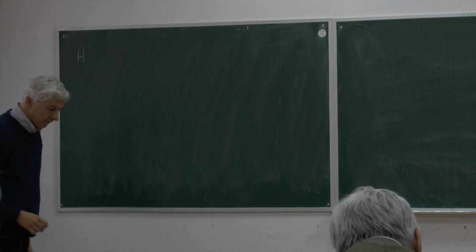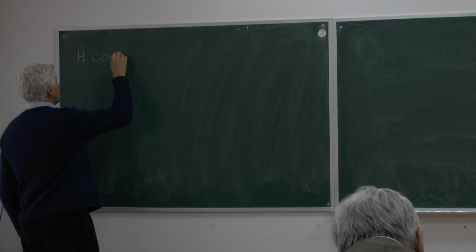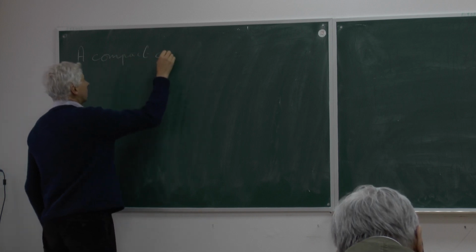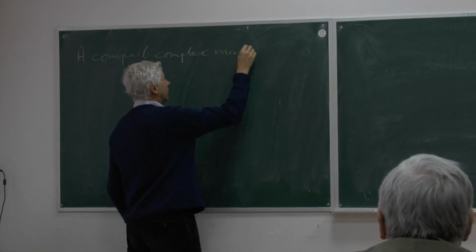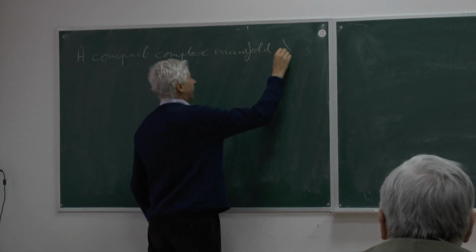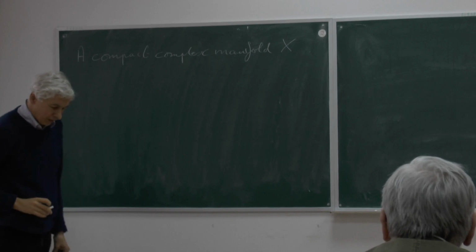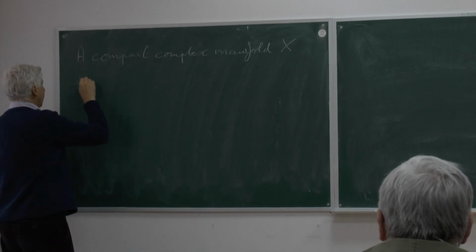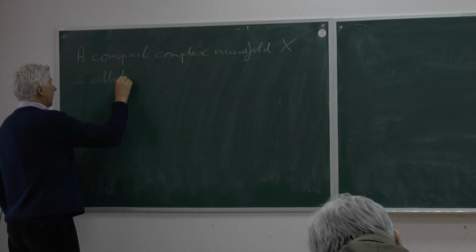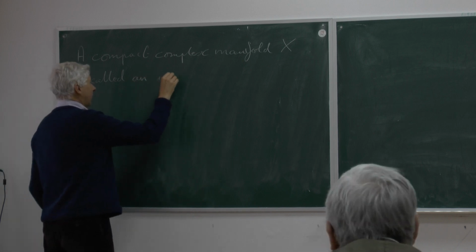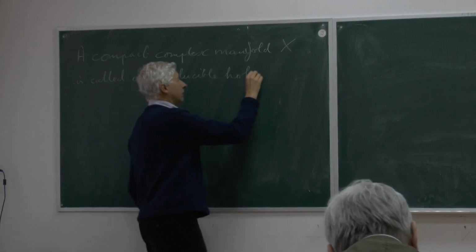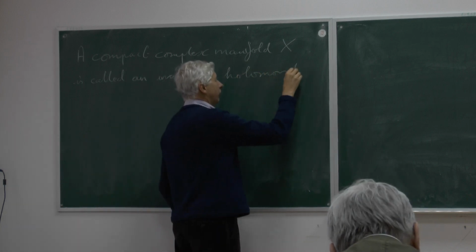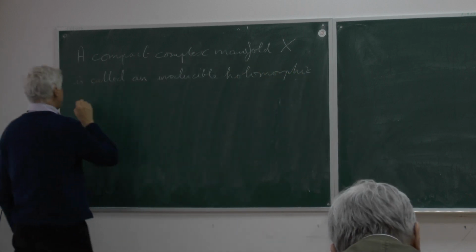A compact complex manifold X is called irreducible holomorphic symplectic manifold.